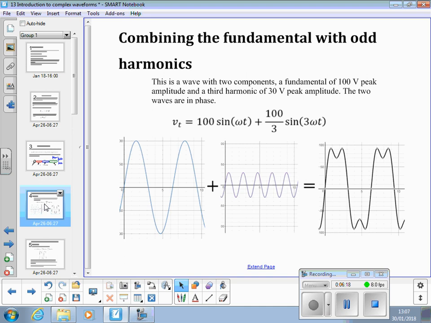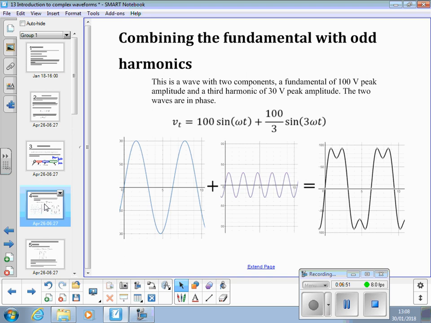So, if we look at that graphically, and consider combining the fundamental with odd harmonics. This first graph is 100 sin(omega t), and this one is 100 over 3, so it's a third of the amplitude of the fundamental, and 3 times the frequency.